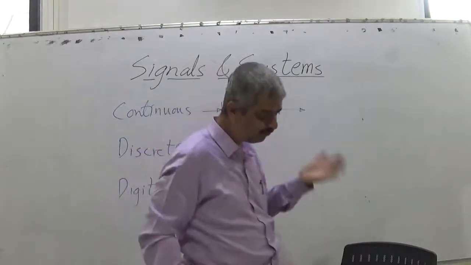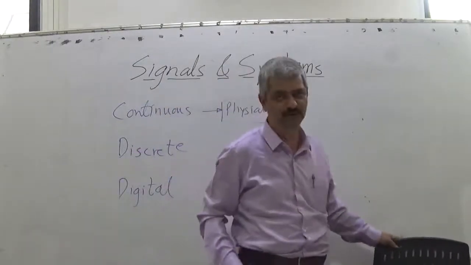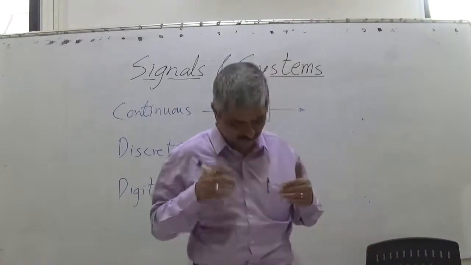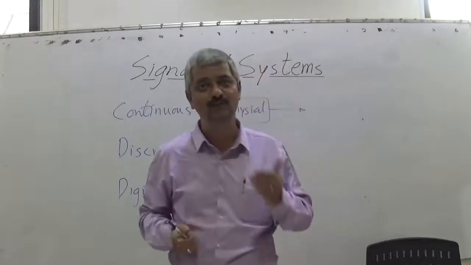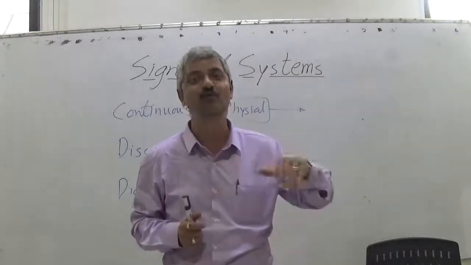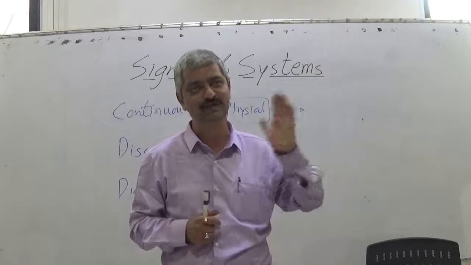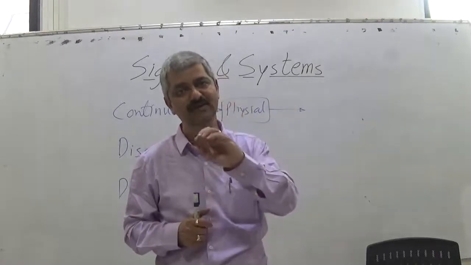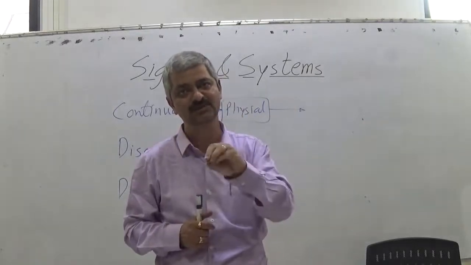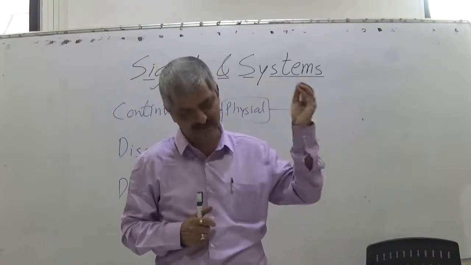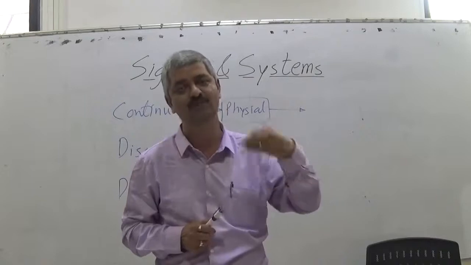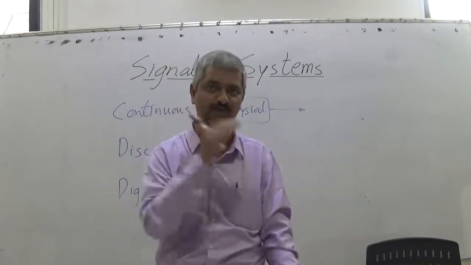For an amplifier, it is voltage input, voltage output. But for a thermocouple, temperature is input and voltage is output. So some continuous parameter is input and some other parameter, or the same parameter in a different form, is the output.